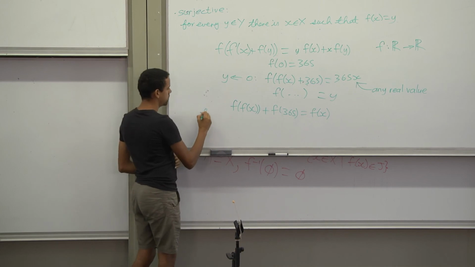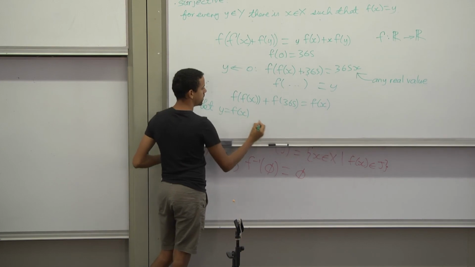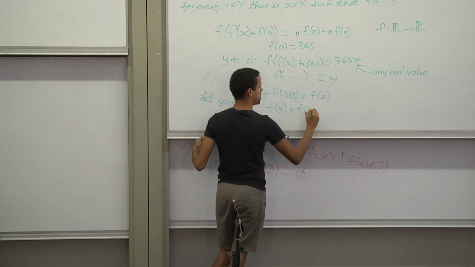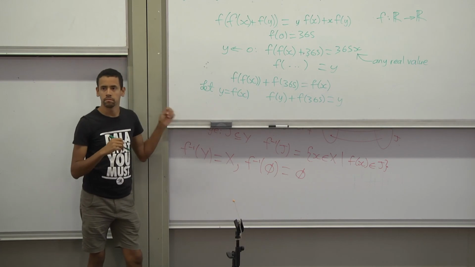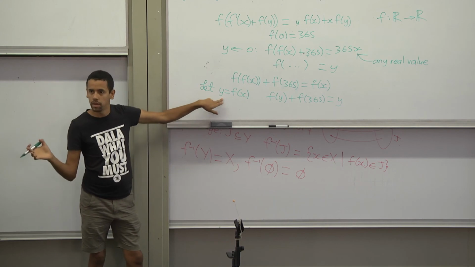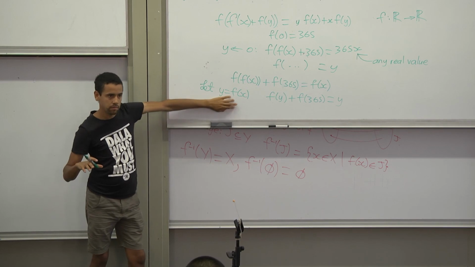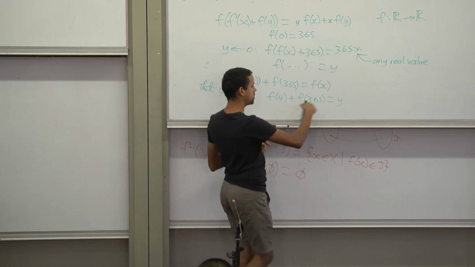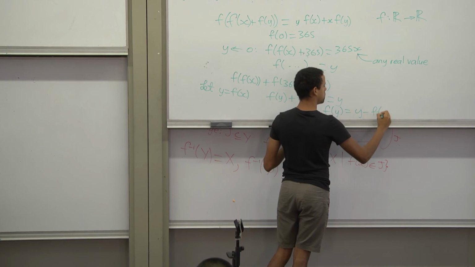So if I let y equal f of x, then I can write this as f of y plus f of 365 equals y. And because it's surjective, this y value can be any value I want. That's what surjectivity helps with. And then I can actually figure out what f of y is. Just take that to the other side. f of y is y minus that.